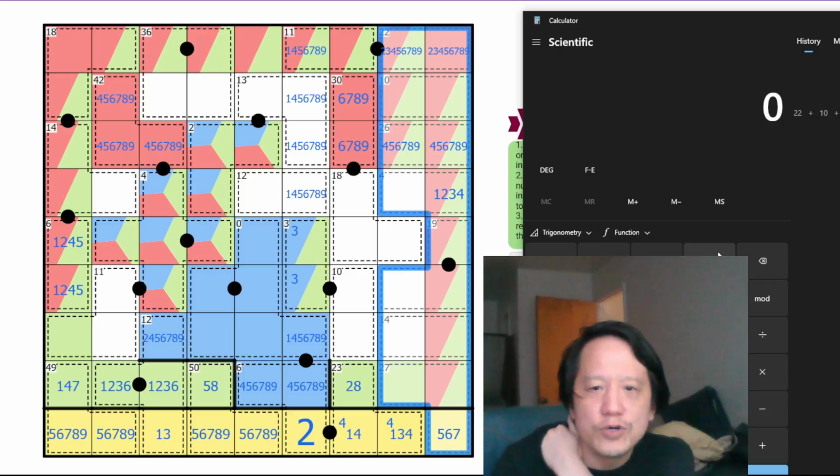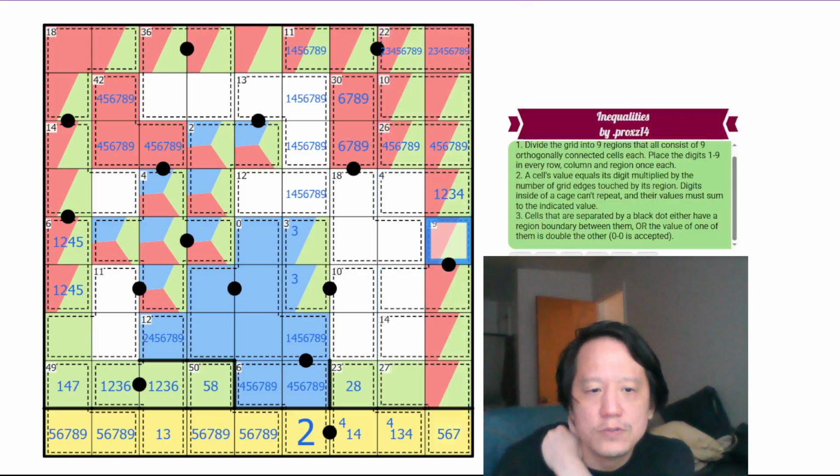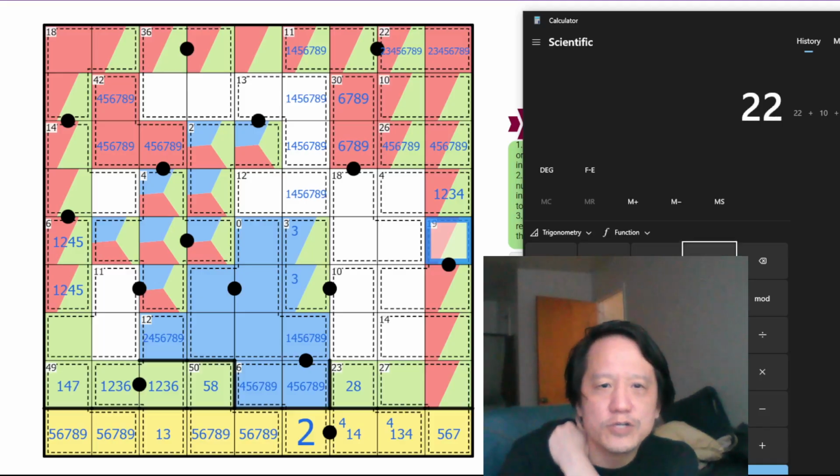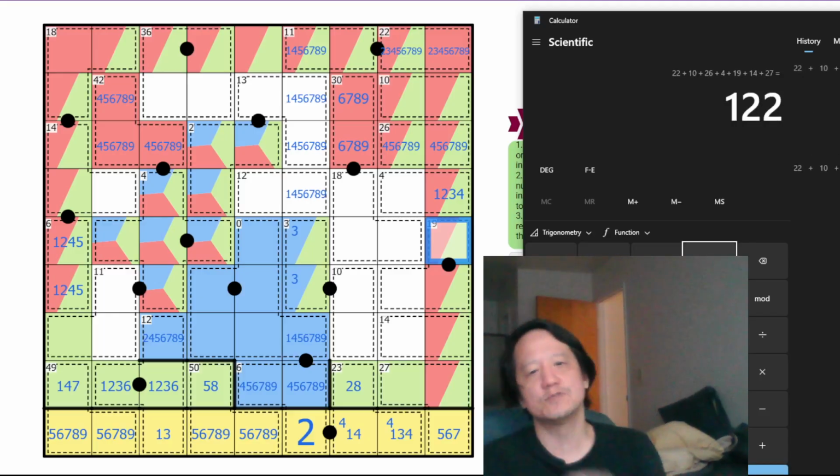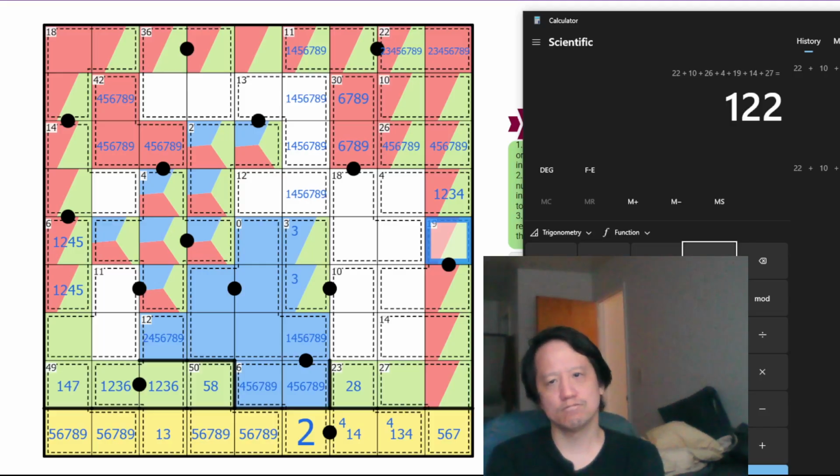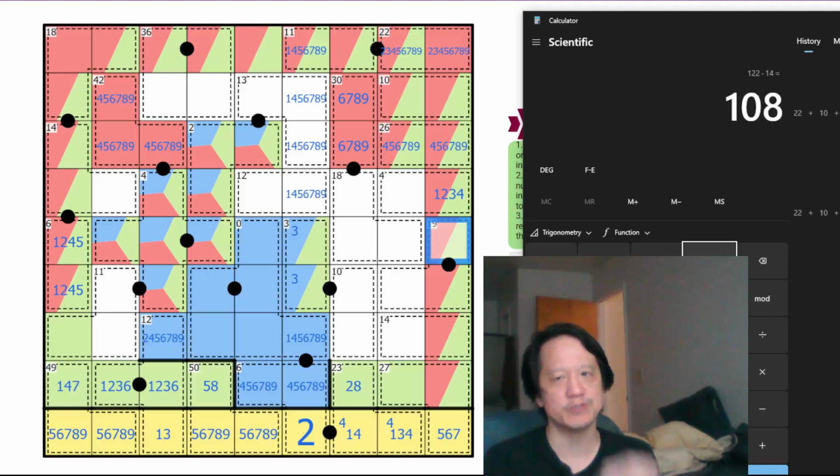We have 22. 22 plus 10 plus 26 plus 4 plus 19 plus 14 plus 27. That's 122. We could have 7 tripled, so that subtracts out 14 potentially. So that's 108.